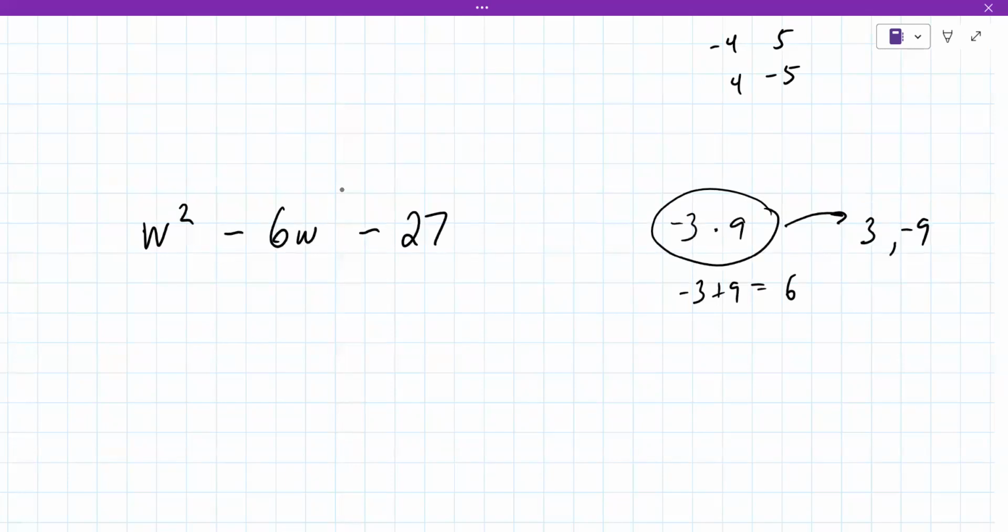So if you get the wrong sign, or it's positive instead of negative, or vice versa, you just switch the signs on the numbers. So this becomes w minus 9, w plus 3.